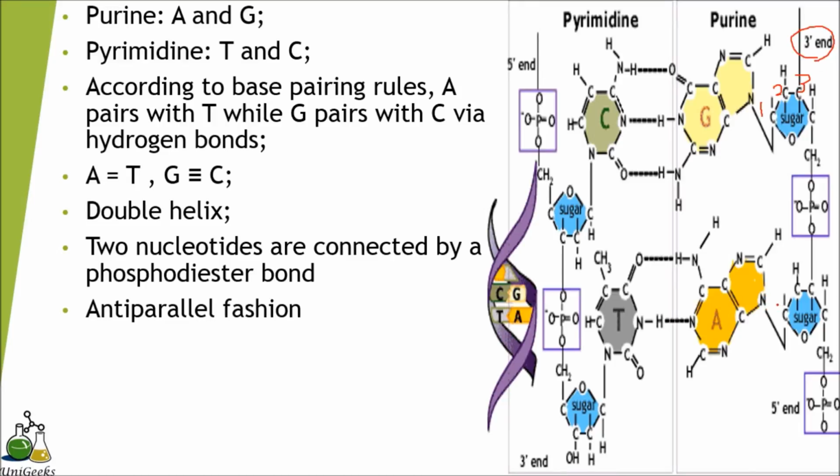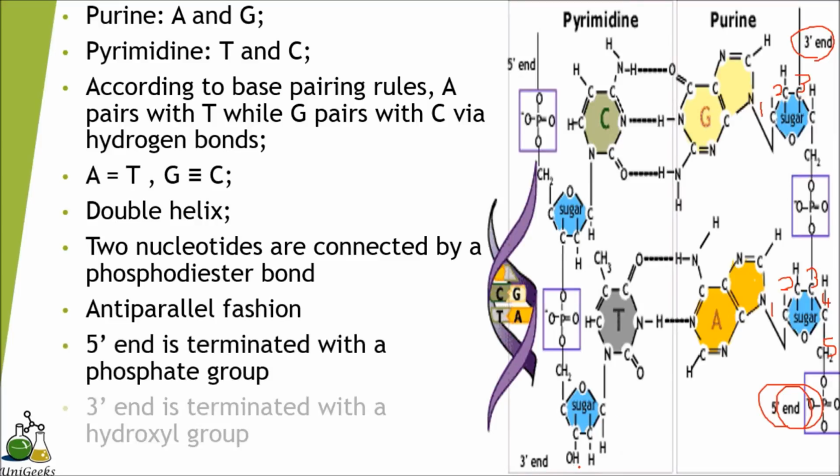If we number the carbon atoms here, we got the first, second, third, fourth and fifth carbon atom. So this is the reason why we got the 5' end here. If we look at the structure here, the 3' end is terminated by a hydroxyl group, and the 5' end of the DNA is terminated by a phosphate group.